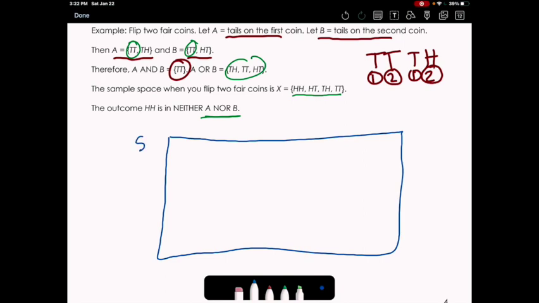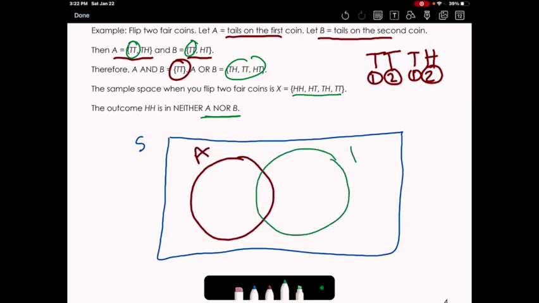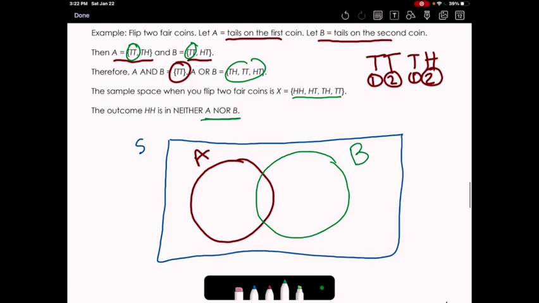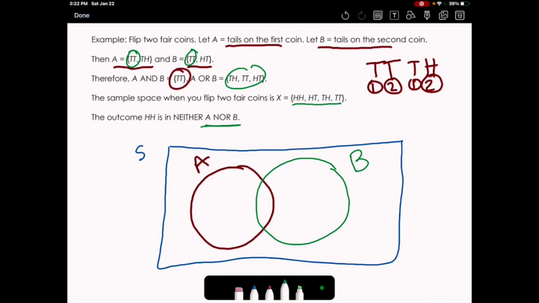So when we go to draw our Venn diagram for this picture, here's our sample space. I'll label it S. We'll do A in red, and we'll do B in green. B, we said, was tails and tails, and then heads and tails.